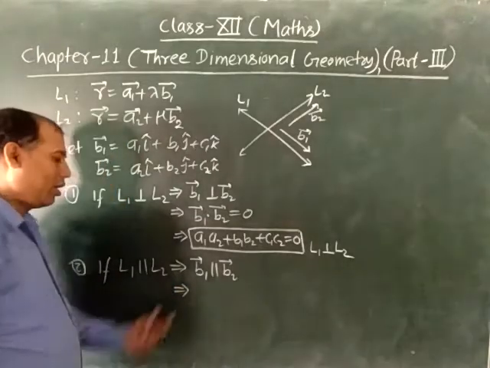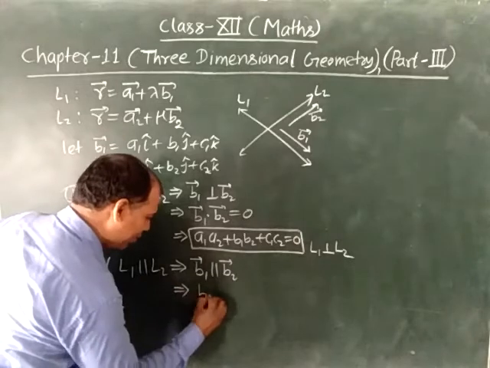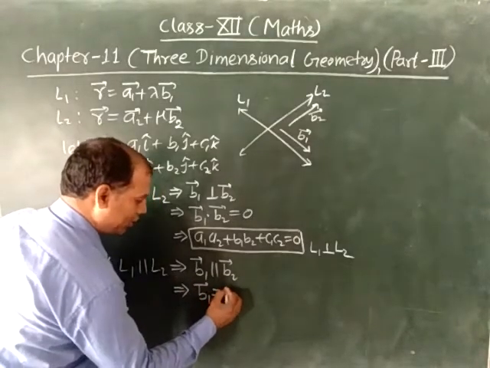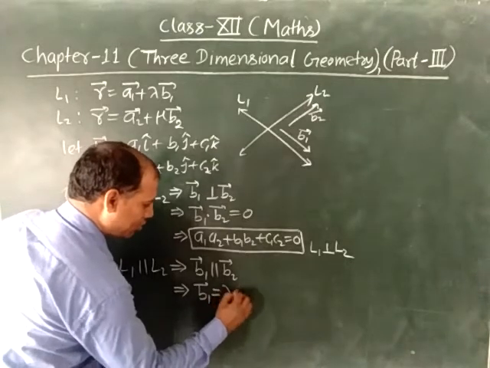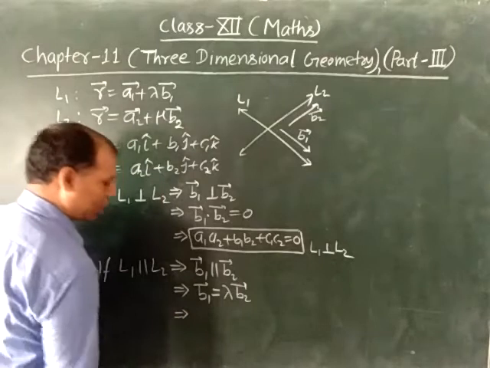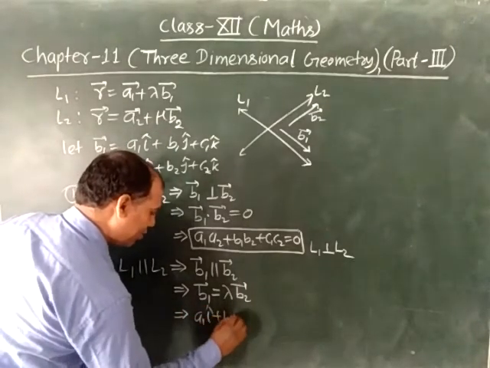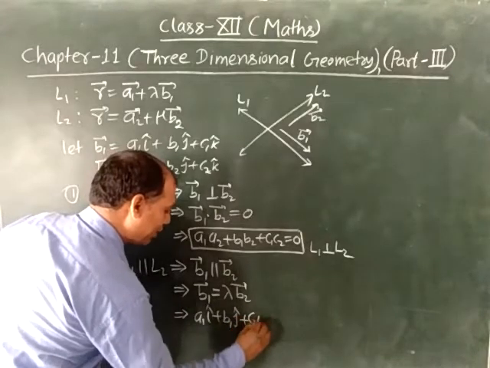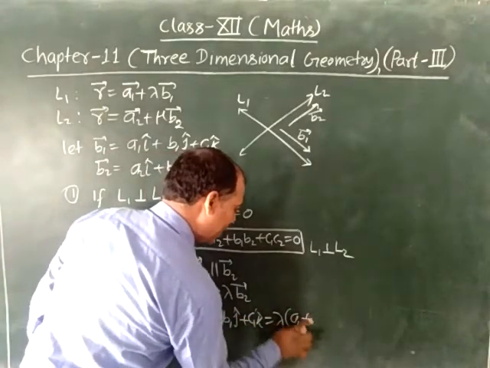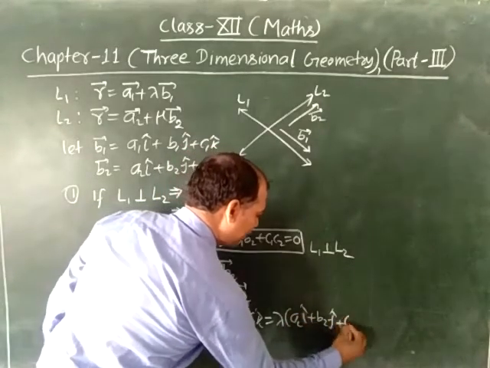In that case, if two vectors are parallel, then we can write one vector as some constant times the other vector. Now this can be written as a1 i plus b1 j plus c1 k equal to lambda times a2 i plus b2 j plus c2 k.